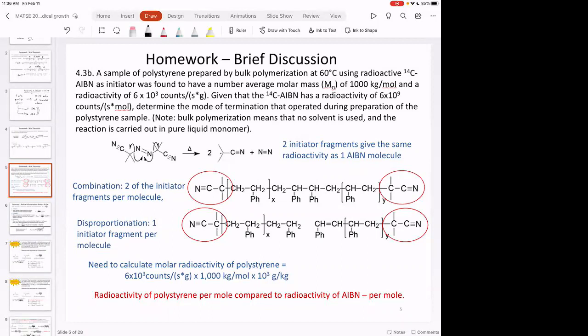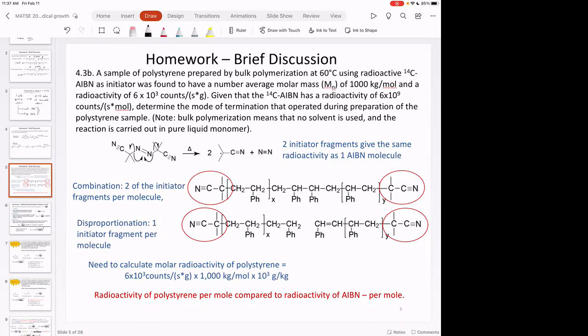For termination by combination, this is the final resulting polymer. How many AIBN N groups do I have if everything is terminated by combination? 2 AIBN N groups. So I've got one here and one here.